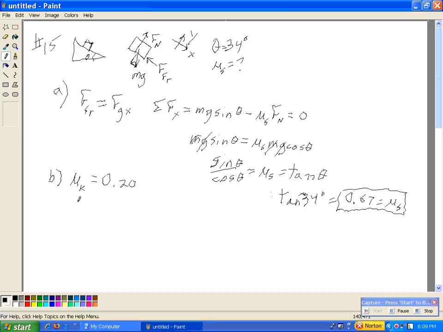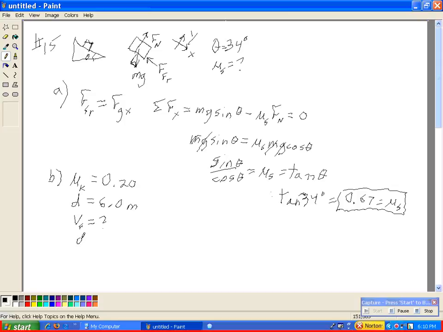They say it goes a distance of 6 meters. And so it's asking for the final velocity.